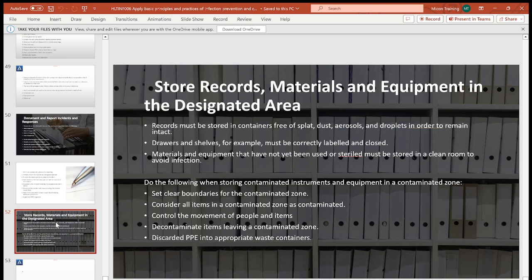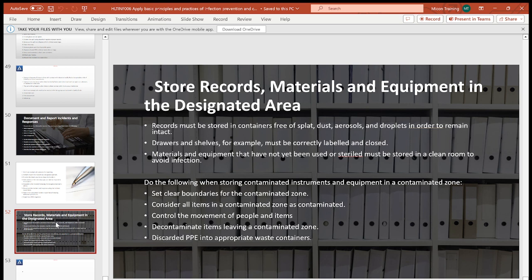That is, we need to make sure that the records that we are keeping are always safe from any form of contamination or from being exposed to anything that can damage them. Drawers and shelves must also be used correctly, and we need to label them appropriately. Materials and equipment that have not yet been used or sterilized must be stored in a clean room to avoid any infections.